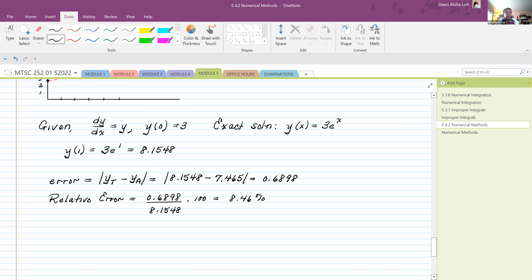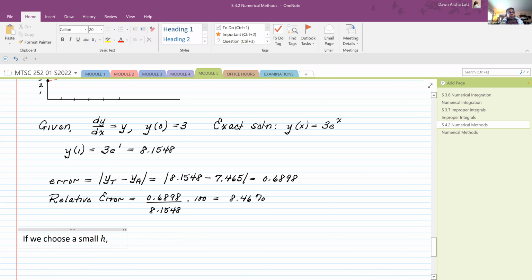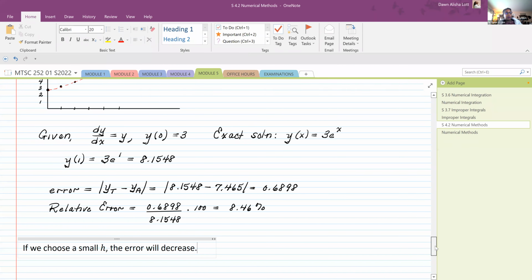And that's not too bad, but this error would go down for smaller h. So if we choose a smaller h, the error will go down. Okay. Any questions about that problem?